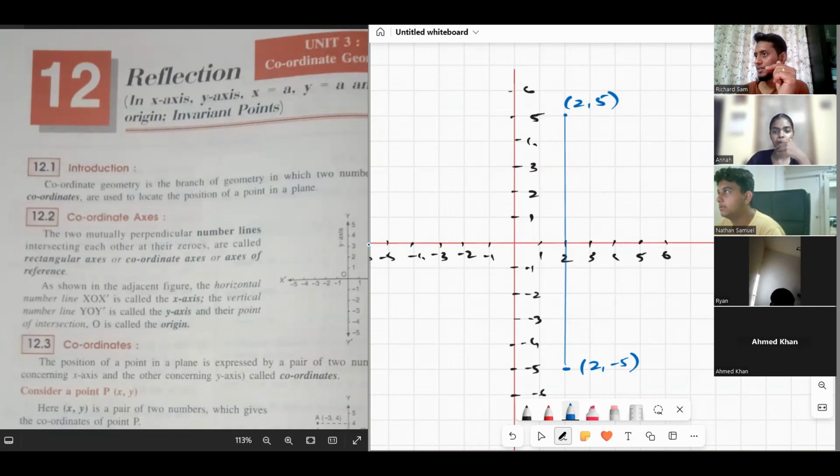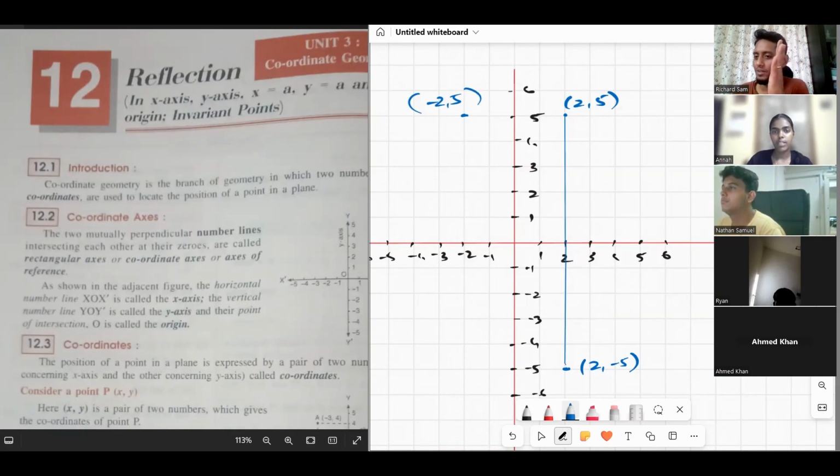You noticed it? Now let's do the same thing. We'll reflect this point 2, 5 on the y-axis. So when you reflect 2, 5 on the y-axis, what will it become? -2, 5. You see -2 on the x-axis and 5 on the y-axis. So what did you notice here?